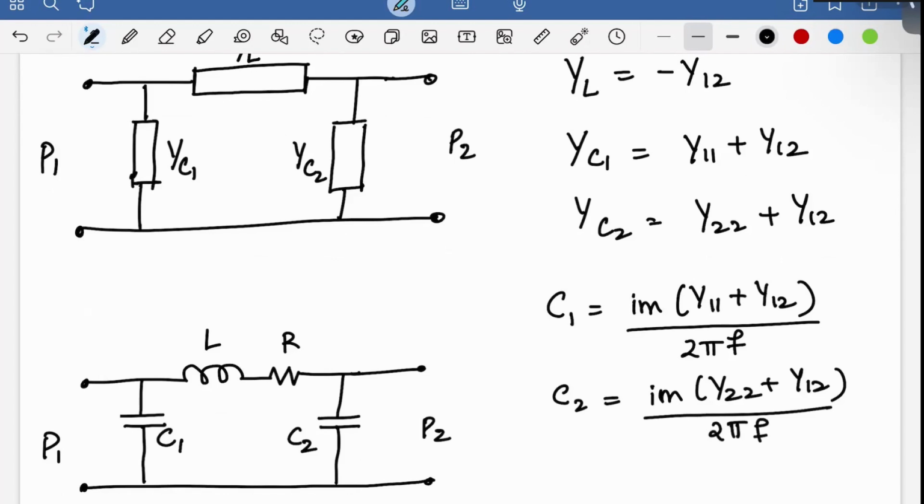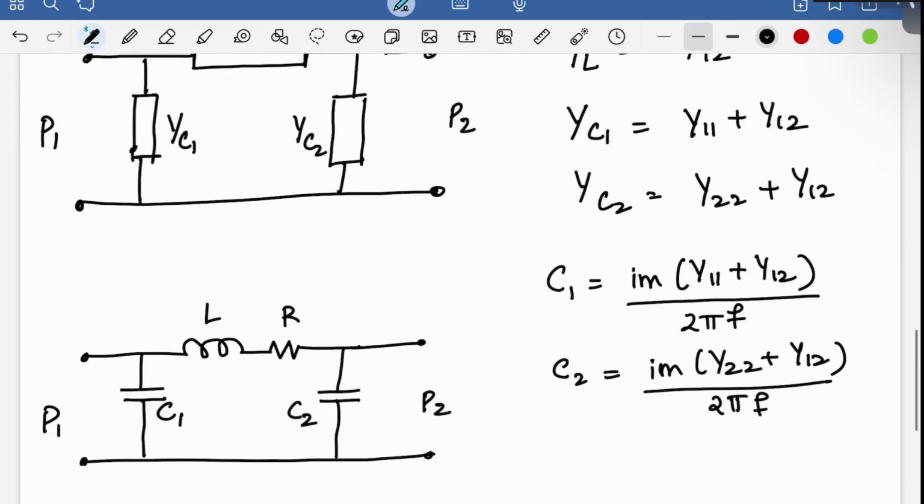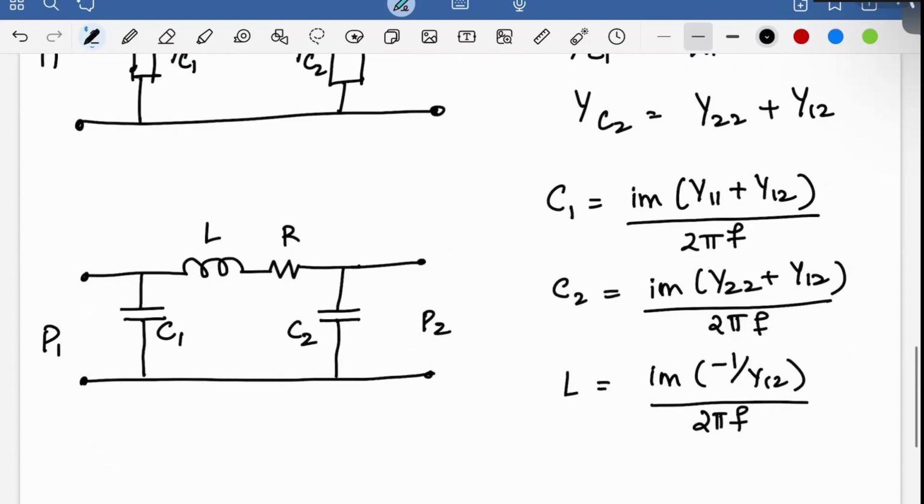And these are coming directly from the definition of admittance of a capacitance and the admittance of an inductor, right? L is the imaginary part of minus 1 over Y12 divided by 2 pi f. And R would come out to be the real part of minus 1 over Y12.